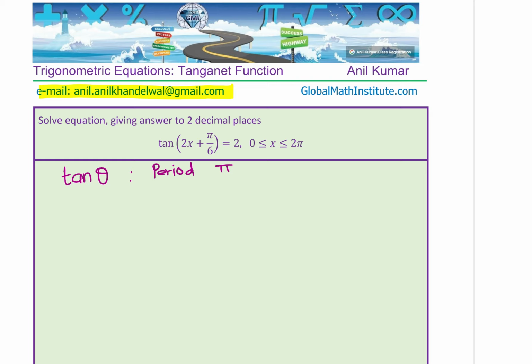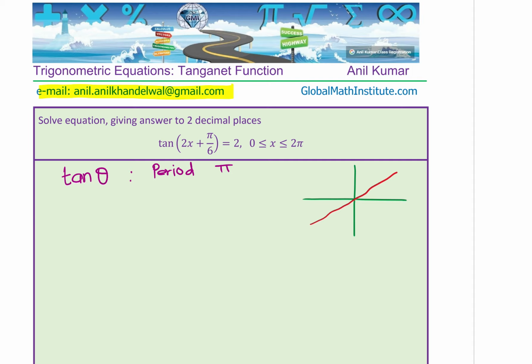On a coordinate plane, the tan values are positive in quadrants 1 and 3, right? So it has two positive values within 0 to 2 pi.